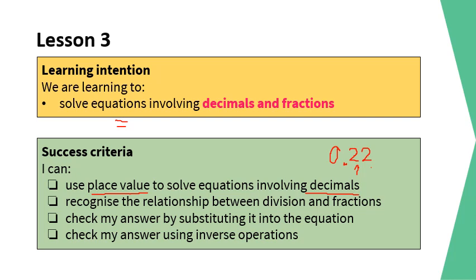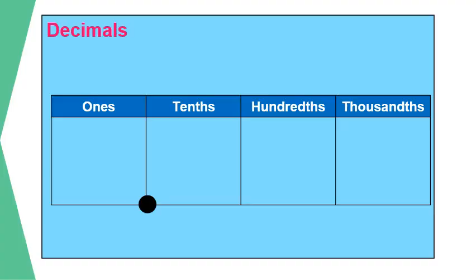Also, you'll need to recognize the relationship between division and fractions, which I'll go through. Once you've put your answer into the equation to make it balanced, you'll need to check it. And then lastly, if you can, check your answer using the inverse operation, and I'll also go through that in a moment.